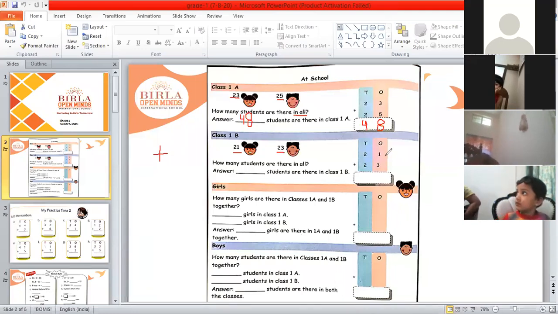You have to read the number in the tens place and ones place together. 21. Very good. Plus 23. Very good, Hanvit. That's the right way to read the question. So this is 21 plus 23.